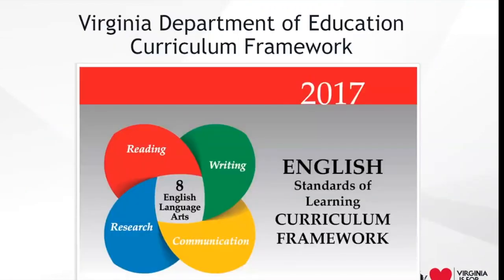Okay, so that's the overview, and you want to have that in your mind when you're planning together and when you're thinking about how you're going to approach instruction. The other piece to that, though, is the framework. This really is your guide in looking at what we want our students to do.